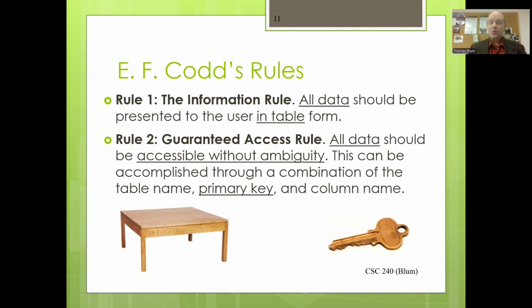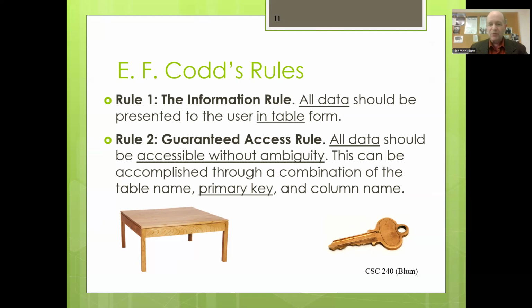Okay, so Codd and his rules. All the data should be in these tables. So you have the rows and the columns and the primary keys, and that all is in a table. And we should be able to get at any little piece of the data, like the first name of a person.